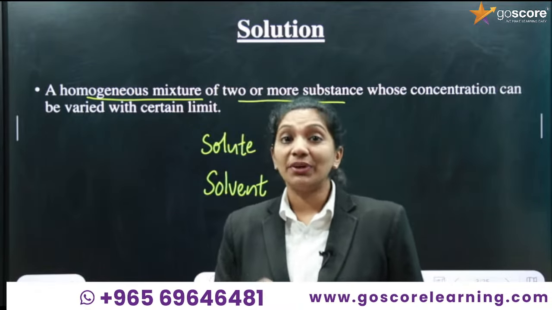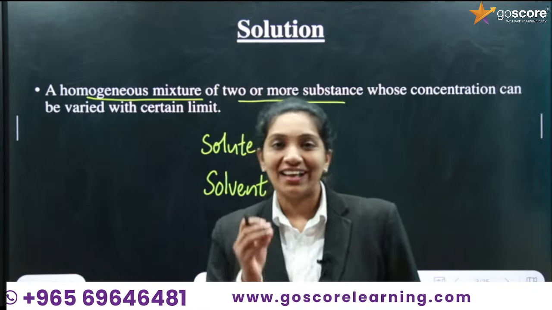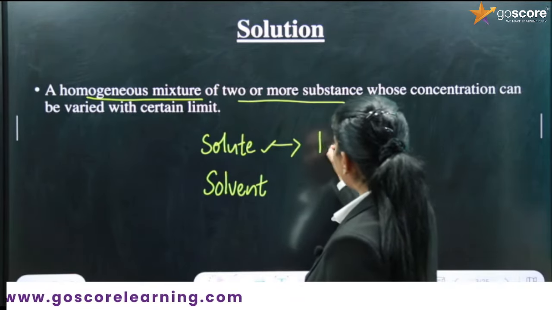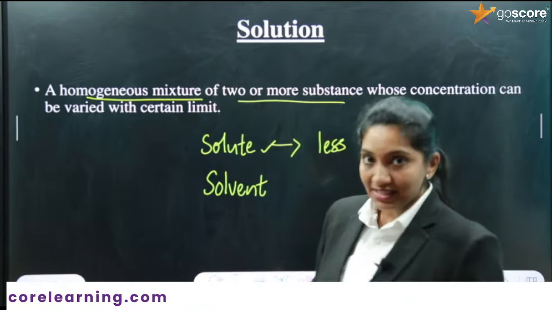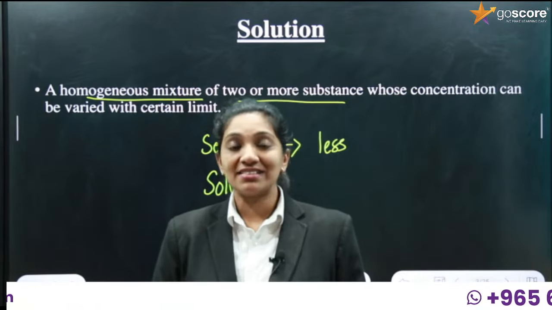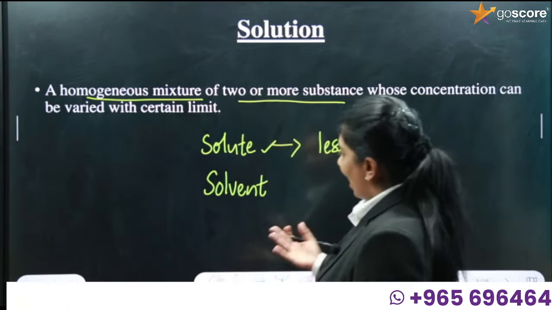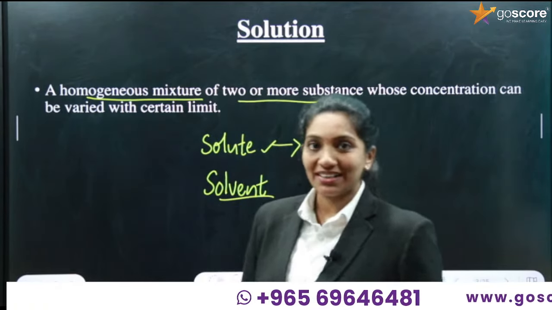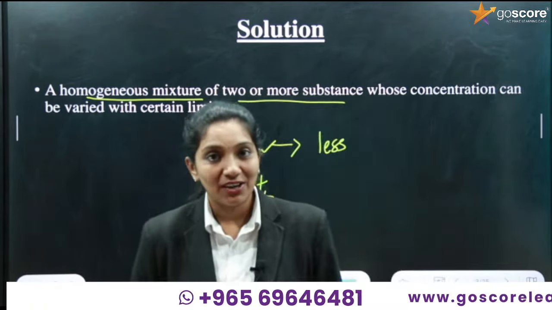So the component which is present in lesser quantity is the solute. That is, the component present in less amount in a solution is what we call the solute. And of course, what will be the solvent? The component that is present in more amount or more quantity is what we call the solvent.